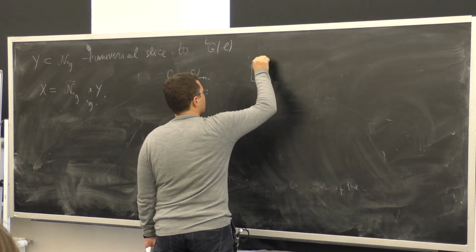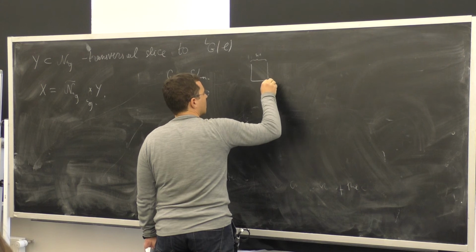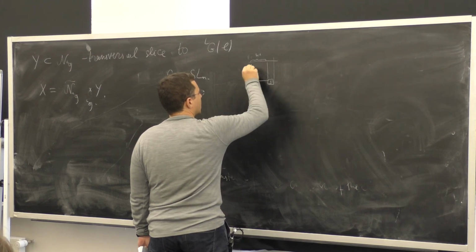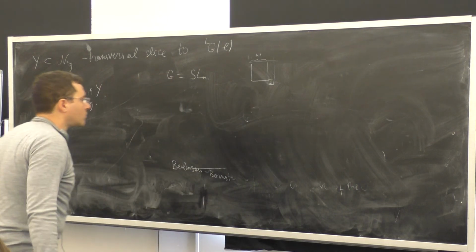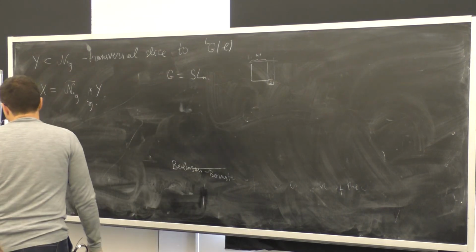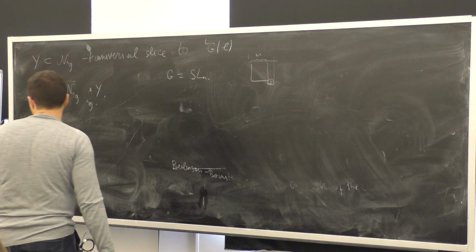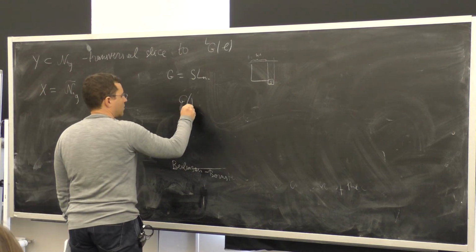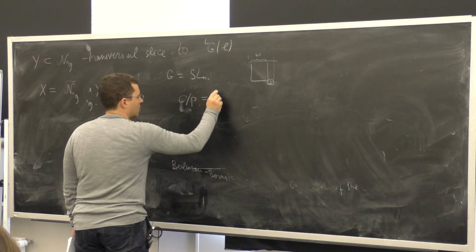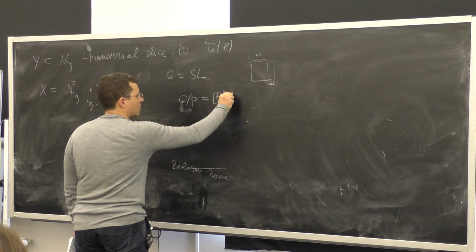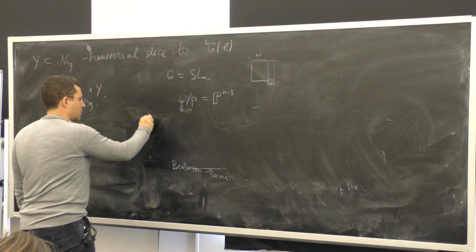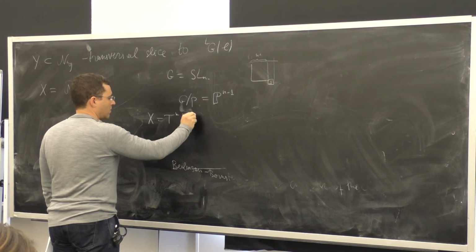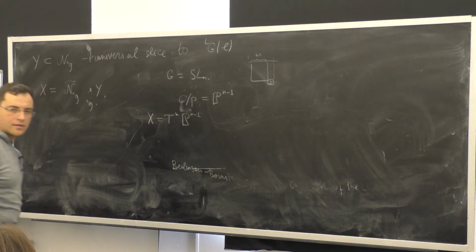So this is n minus 1. Then E is the same type of parabolic. So G mod P is nothing but a projective space. So X is T star P n minus 1.